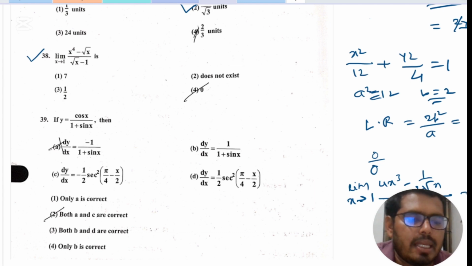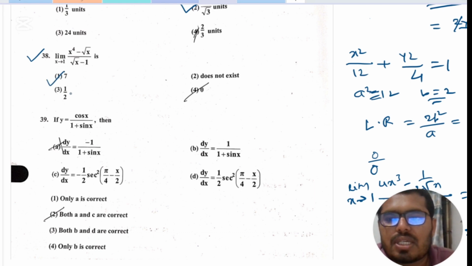Then apply the limit here: 4 minus 1 by 2 divided by 1 by 2. Then we take the LCM, 8 minus 1 is 7 by 2 divided by 1 by 2. The 2s get cancelled, we get only 7. Therefore, option number 1 is correct.